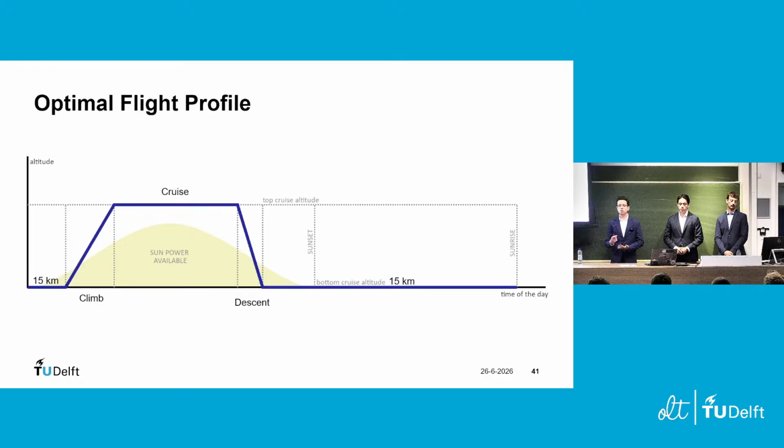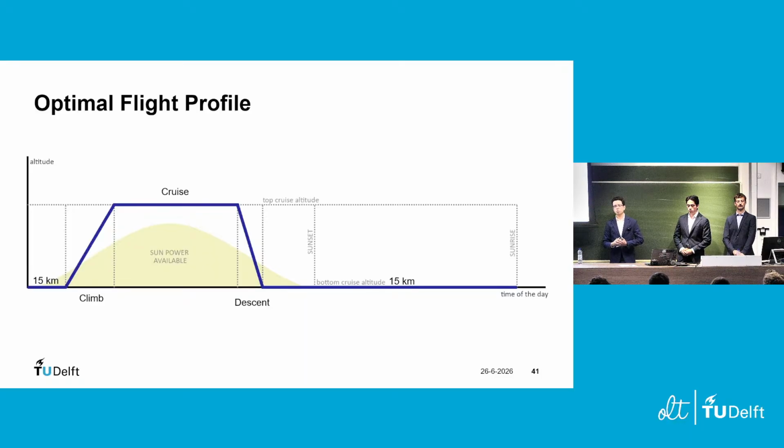Then, during the night, when the sun goes down, we have the possibility of performing a controlled power-saving descent, which is good for energy-saving purposes, down to its lowest operational altitude of 15 kilometers. It will spend there flying during the night, and then in the morning, once we get solar power back up, we can climb to the altitude that we desire.